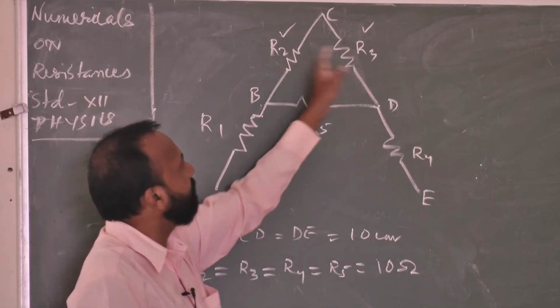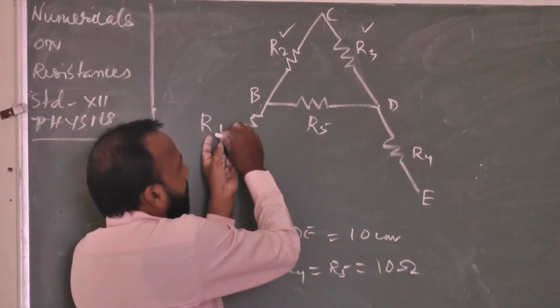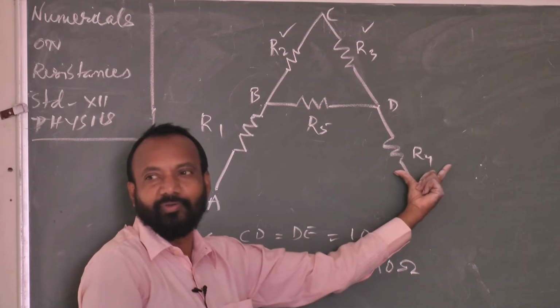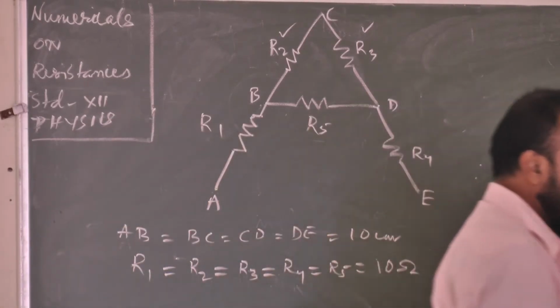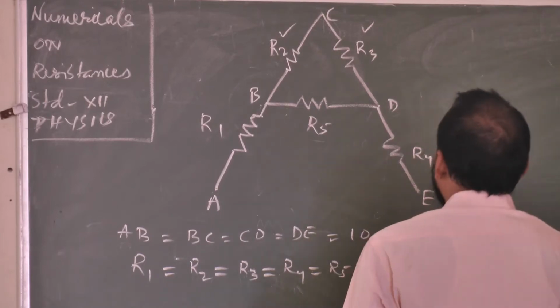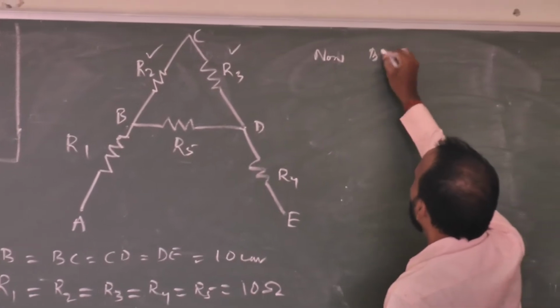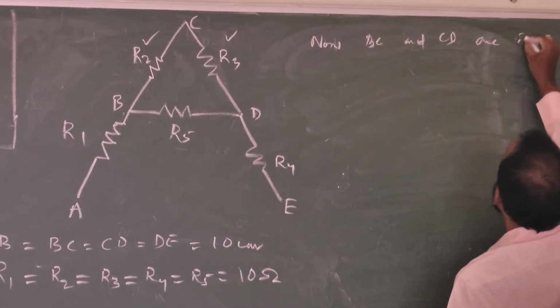The effective resistance of R2 and R3 will be parallel to R5. Then R1, this effective resistance, and R4 will be in series. Okay, add it. So we can add it. Now, BC and CD are in series.